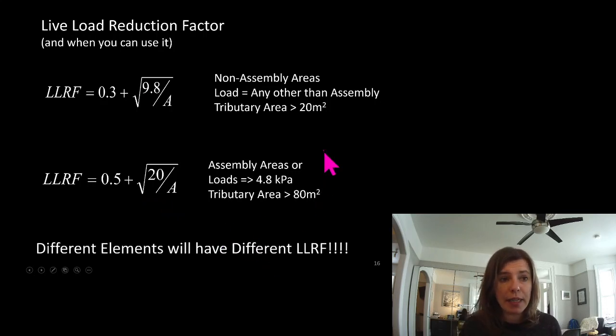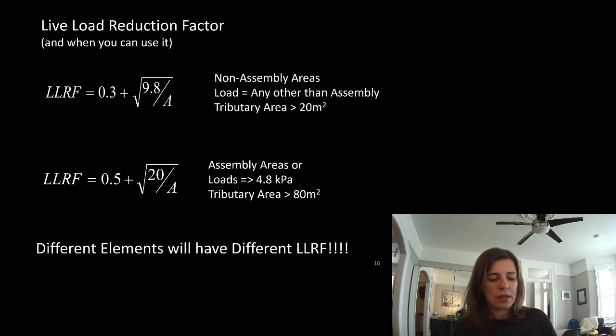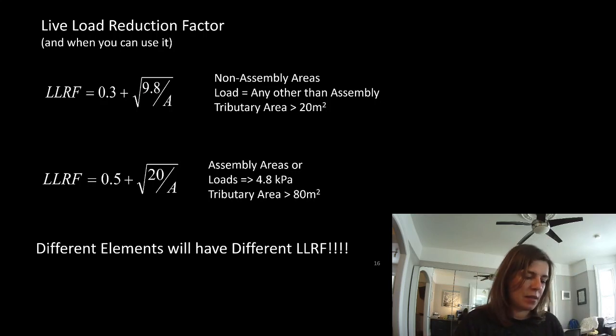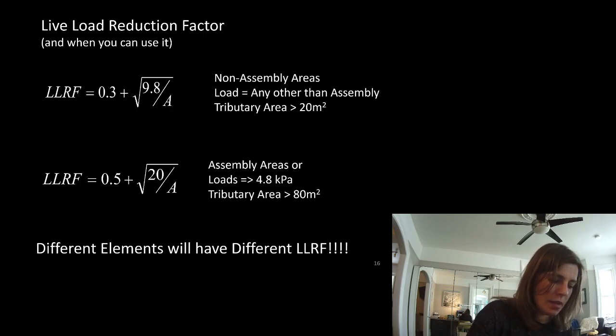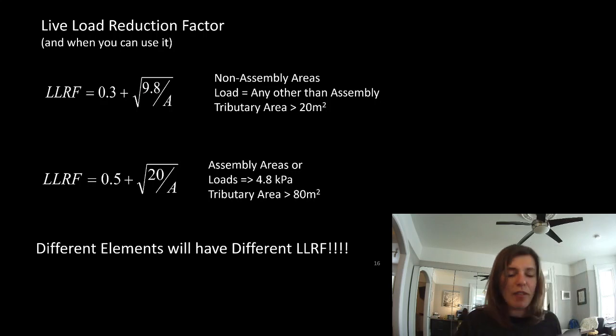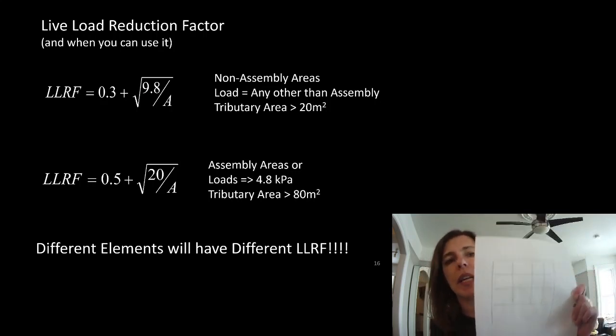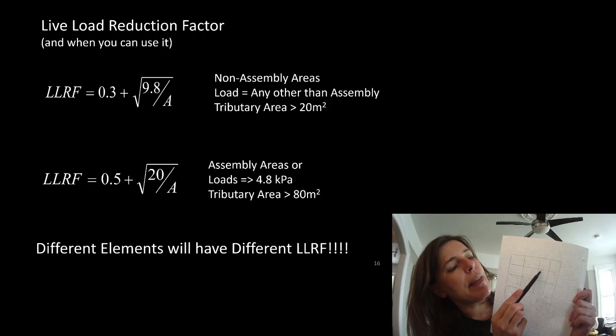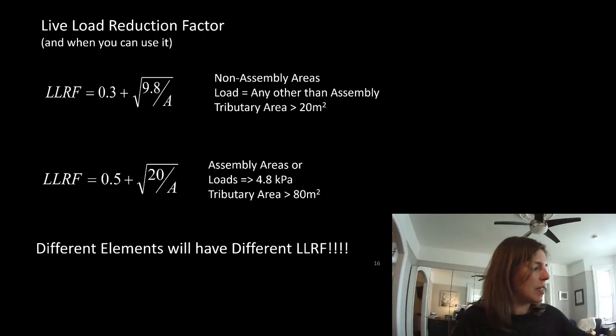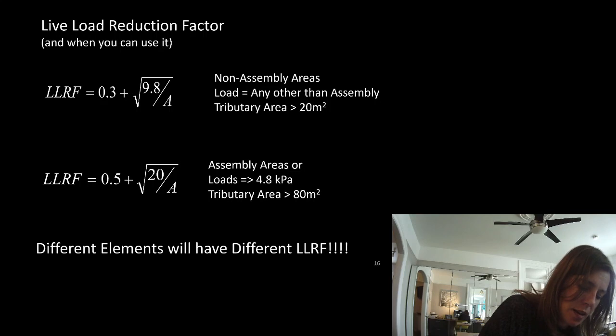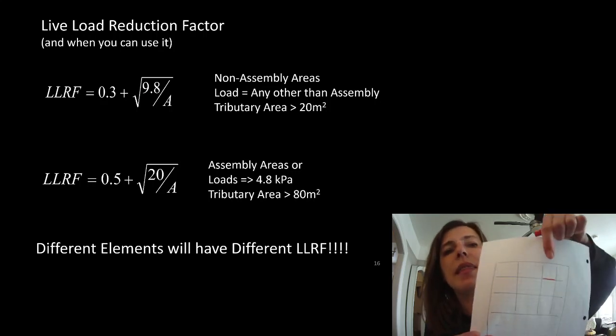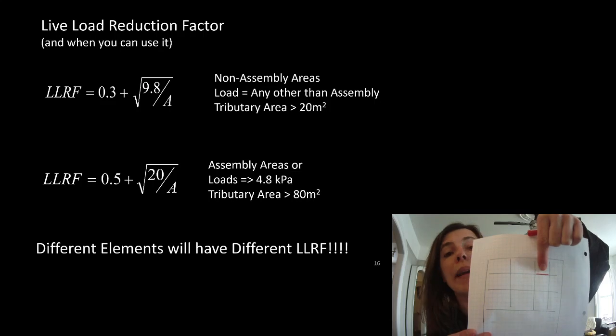Different elements in your building will have different live load reduction factors because we're talking about an individual element. If we had this building cross-section here, the tributary area that is impacting the design of this beam right here might be 1.